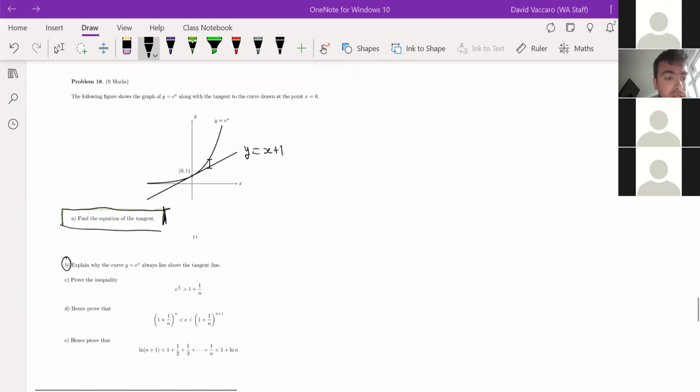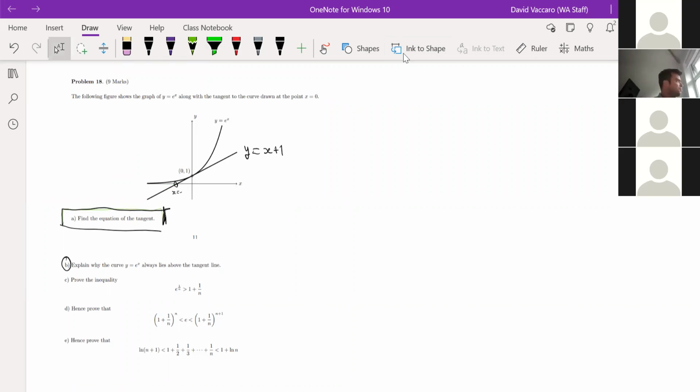Okay, so someone has said e to the negative powers is still positive. Okay, but that only deals, so if x is bigger than -1, that's enough. Because if x is bigger than -1, we know that y equals e to the x is positive and the line is negative. But it might be that the curve is below the line in this section here between -1 and 0.